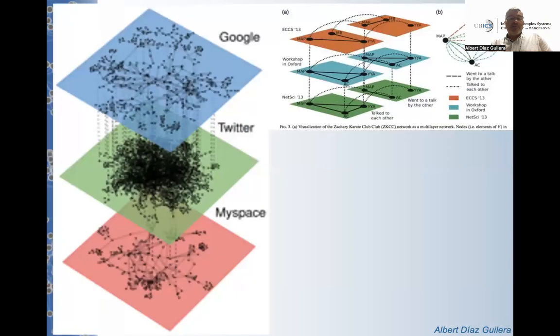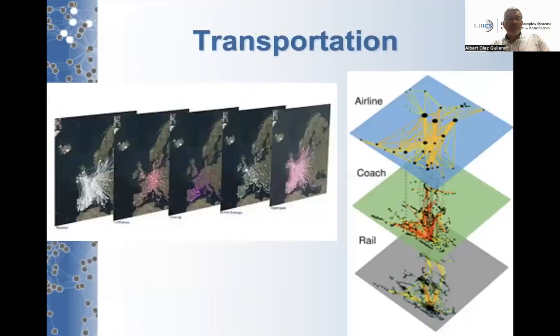Of course, for the multiplex, one of the examples that we have seen in these years that is also quite common, apart from social networks, is the problems related to transportation, in which we can have different airlines and how these different airlines cover different sets of airports.